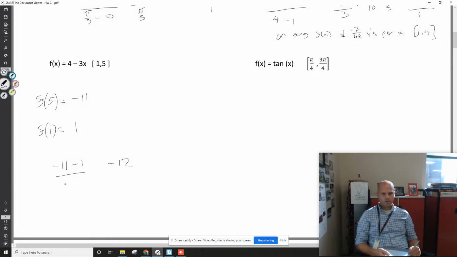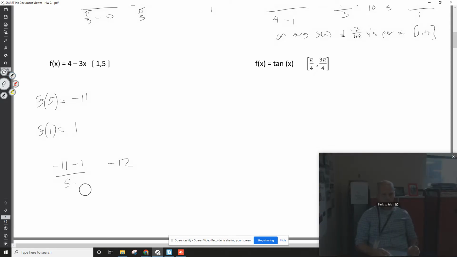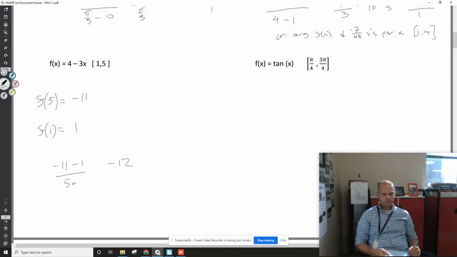From here to here, what did I do? I went over 4, because we're talking about x's. And just like we suspected, the answer is -3. I can say on average, I can say the function consistently decreases at 3 y's per x. But whatever.